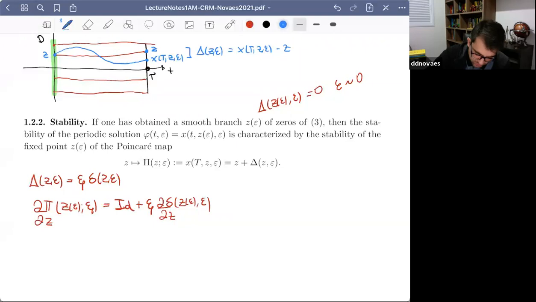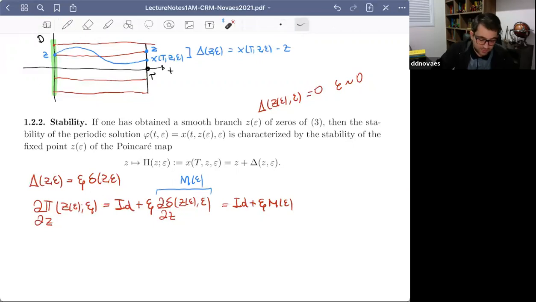Let's call this matrix M of epsilon. It's just the identity plus epsilon times M of epsilon. So the derivative of the Poincaré map is given as a perturbation of the identity.